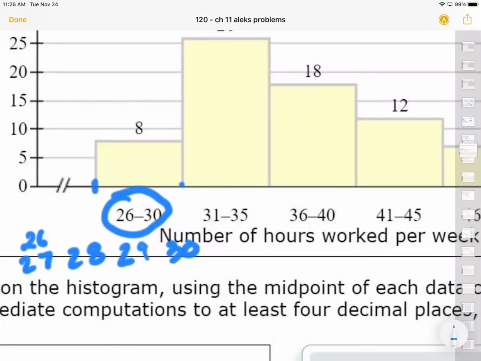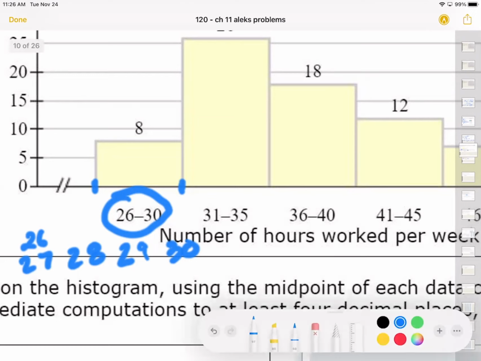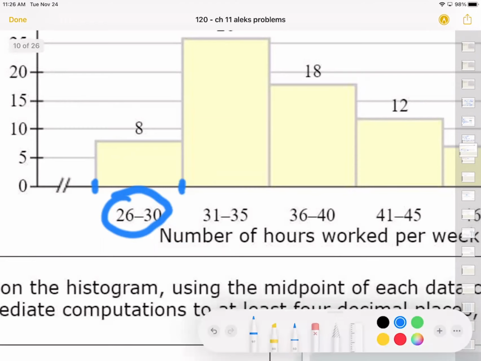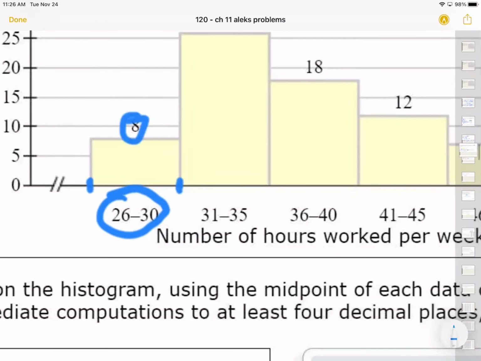We know that between 26 and 30, there are 8 people in this group. But we don't know the actual data, so we cannot just add them up.